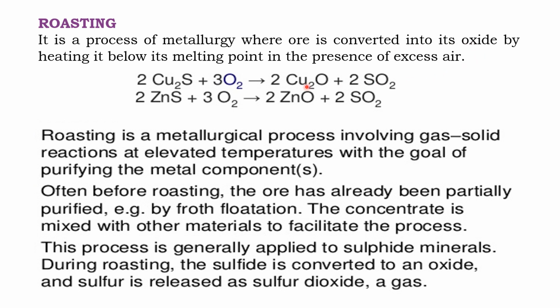And usually sulphide ores are treated by the roasting method because these sulphides, when heated at a particular temperature in the presence of excess oxygen, the sulfur combines with oxygen to form sulfur dioxide, which is a gas and volatile, and easily escapes out, leaving behind the oxide of the corresponding metal.